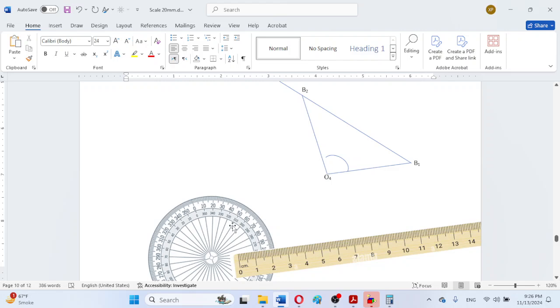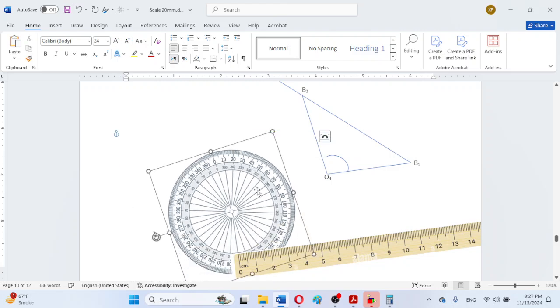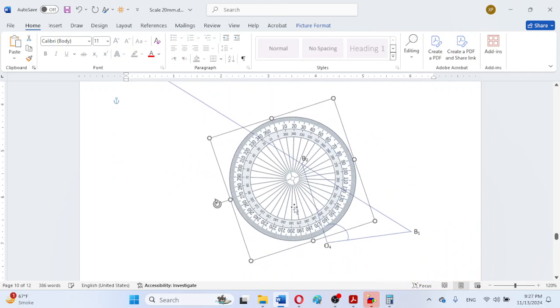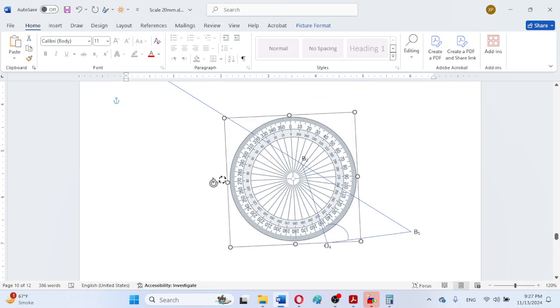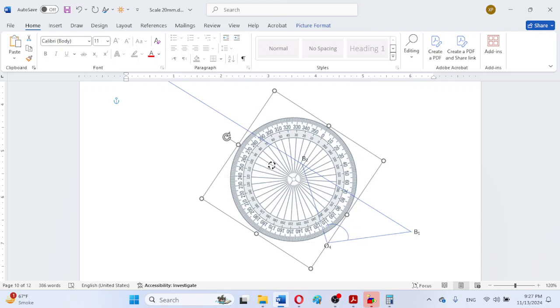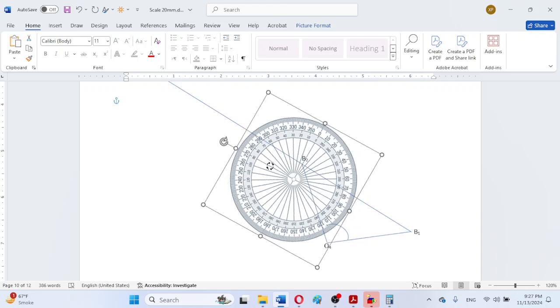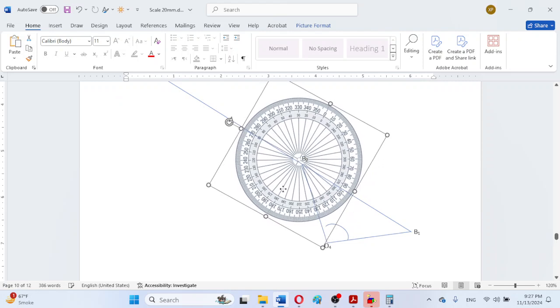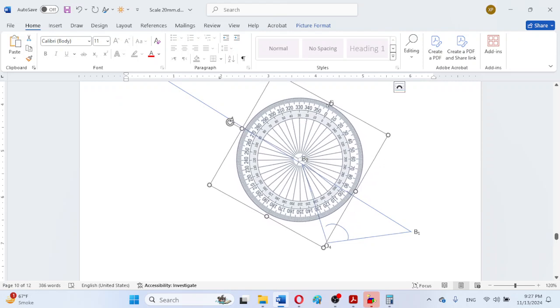So first of all we can bring the protractor here like this, and similarly we can place it so that the 0 and 180 line must be overlapping.